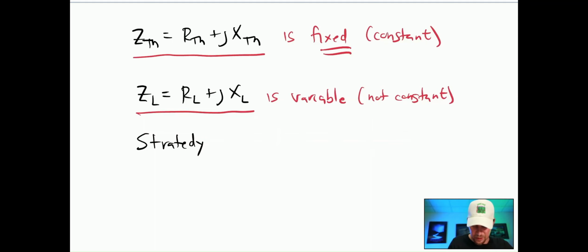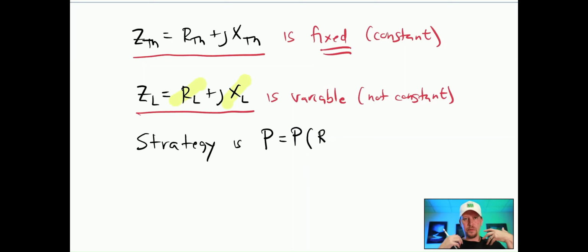Right? So the strategy is going to be to determine this question. Strategy. I know I spelled that wrong. There we go. Is to find an equation for power, which is going to be a function of two parameters. Why? Because we have control over two things here.